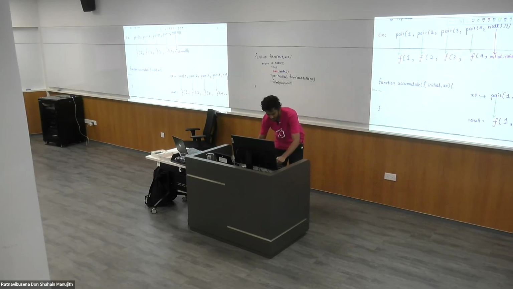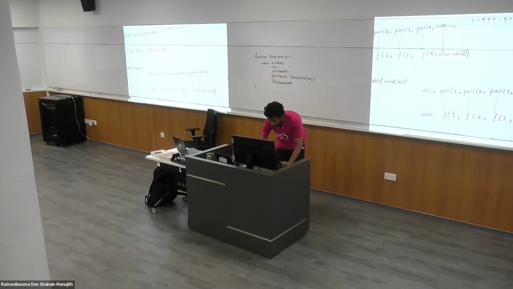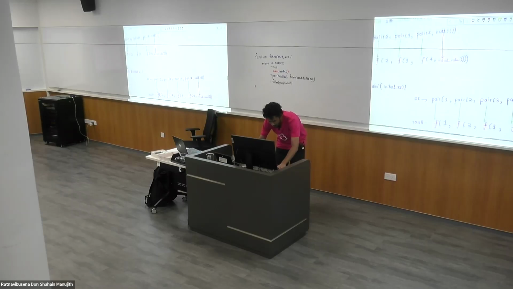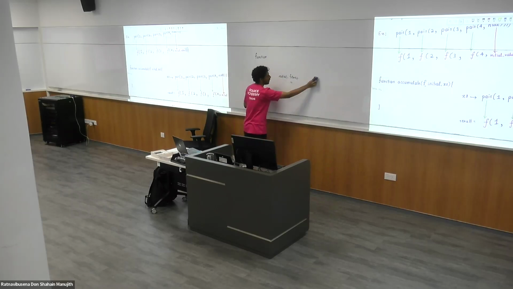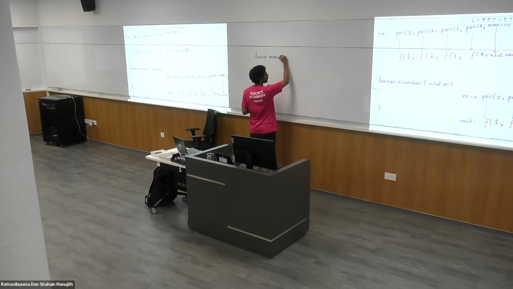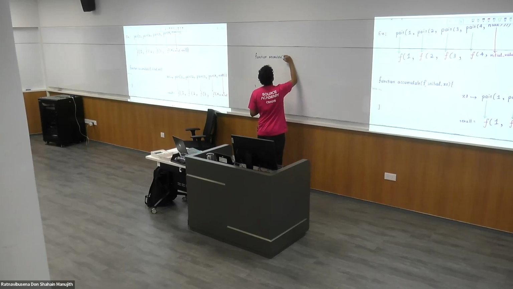Okay, I'll just write it down. So function accumulate f, init, xs.